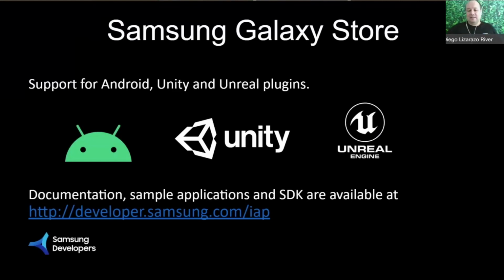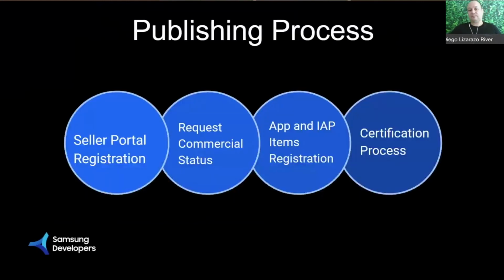Just go to /IAP, in-app purchase, at the bottom of the slide, and you're going to get all the information that you need about the SDK and the documentation that you may need to understand how the in-app purchase works. So I would recommend to go and check it.